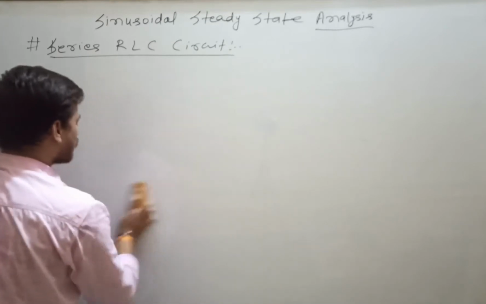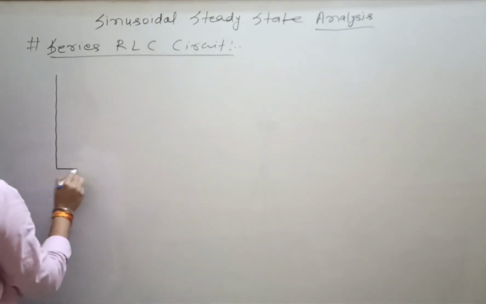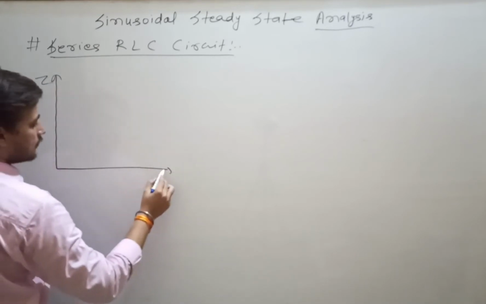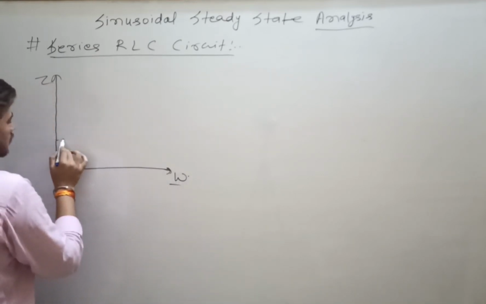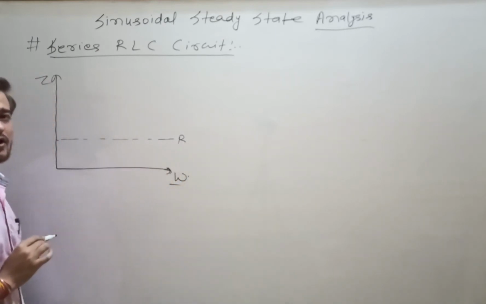So first I am drawing the graph of impedance. This is Z versus omega. Now if you plot the graph of R, R is a constant value, independent of omega.